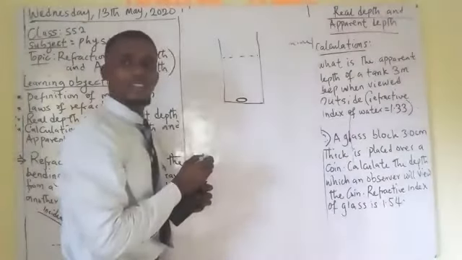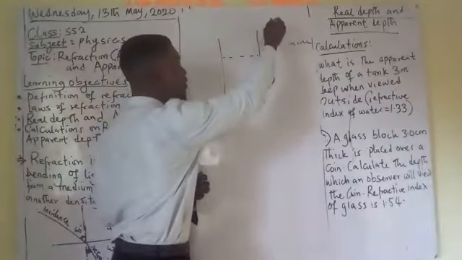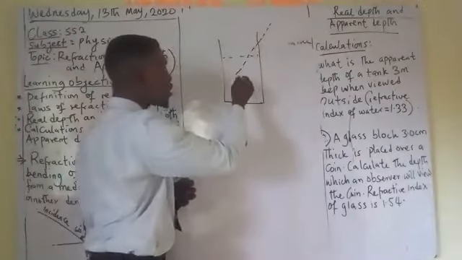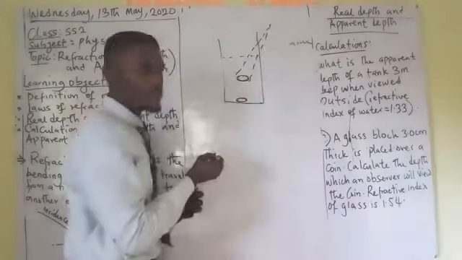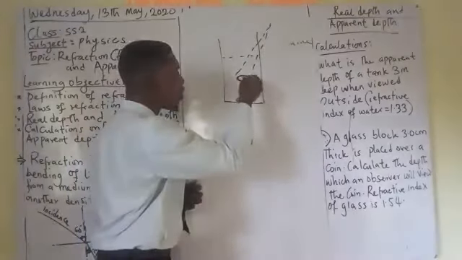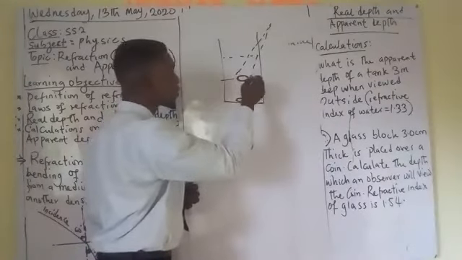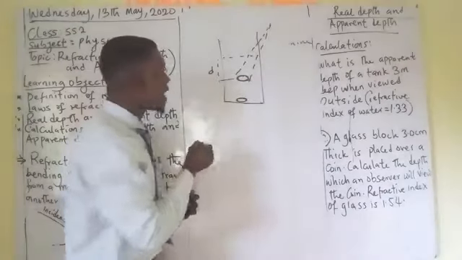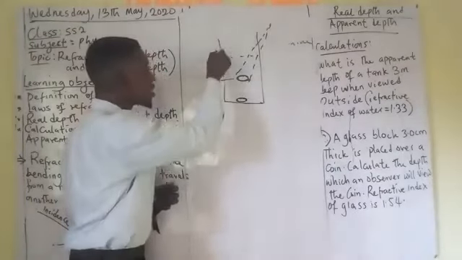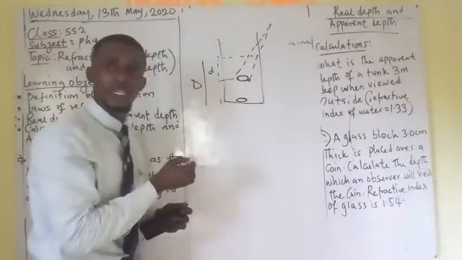When you observe the coin from this place, you notice that the coin might appear here. This place where you are seeing the coin is called the apparent depth. Let's call it, from here to here, small d. And this place, from here to where the water surface is, capital D, is called the real depth.